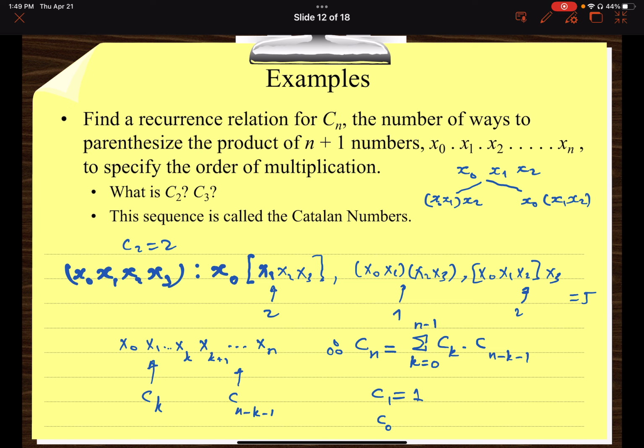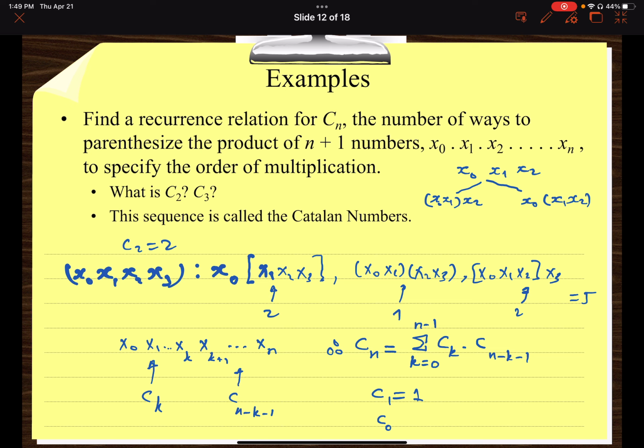But what's going to happen if you put C0 equals 0 when I want to find how many ways to parenthesize this? It's going to be 0 multiplied by this, although the result should be the number of ways to parenthesize this, right? So what does it make sense to initialize C0 to? 1. C0 is equal to 1 also.